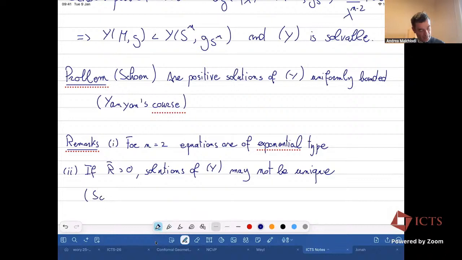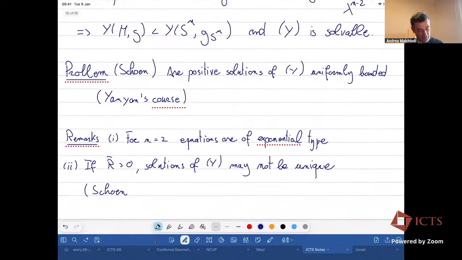So there's an example by Schoen already on S1 cross Sn minus 1. And there is more recent work, for example, by Bettiol, Piccione, and Sire.